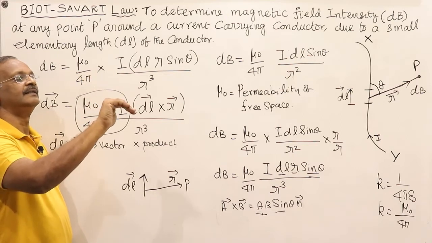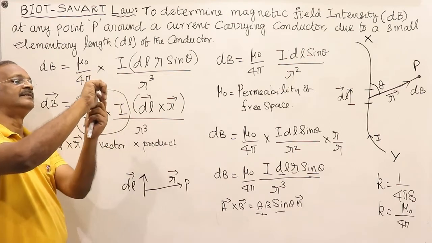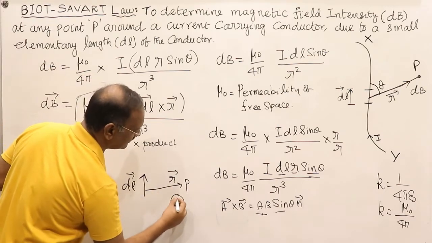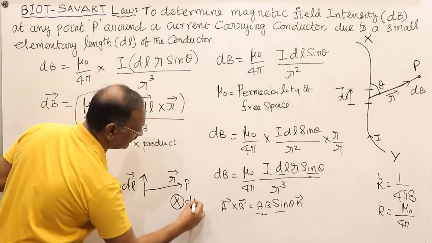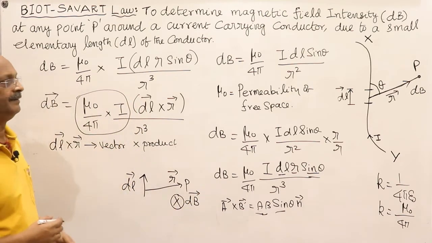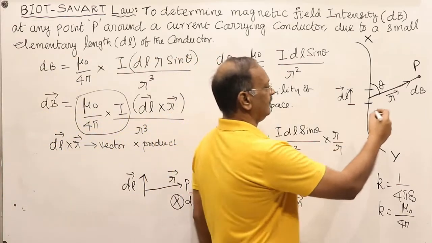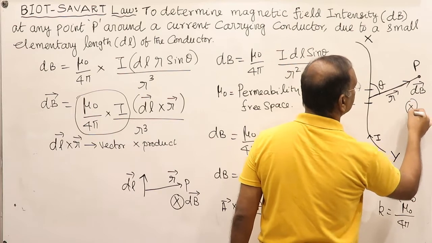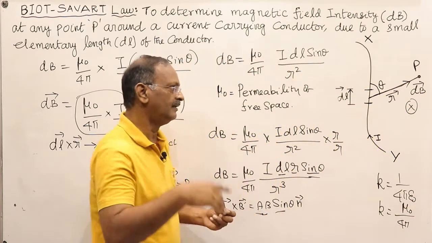You go like this, the extended thumb is inside. It means the magnetic field at this point is into the plane of the paper. We can simply write the magnetic field vector here is like this, into the plane.